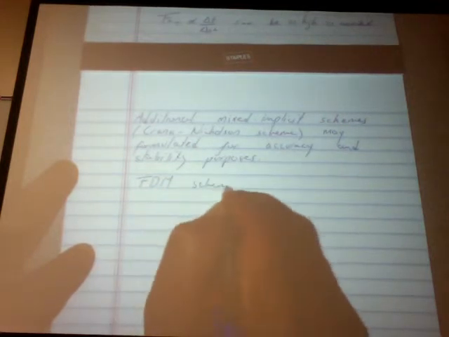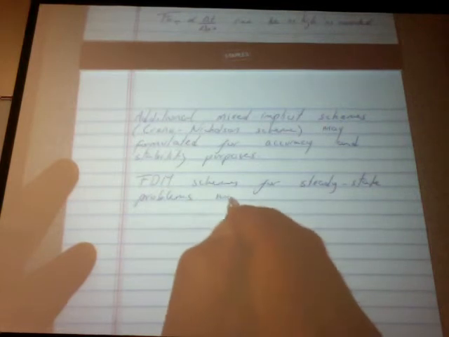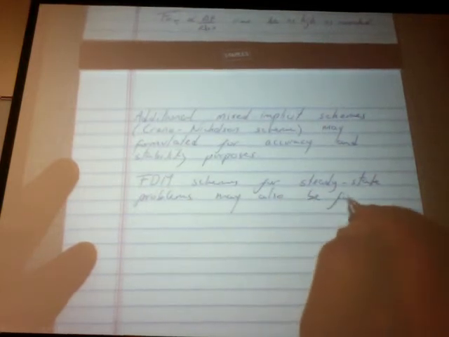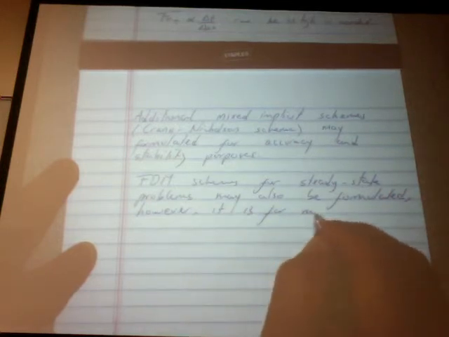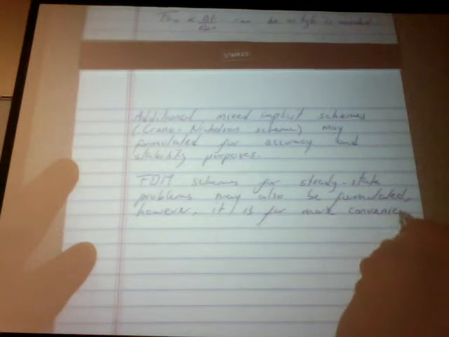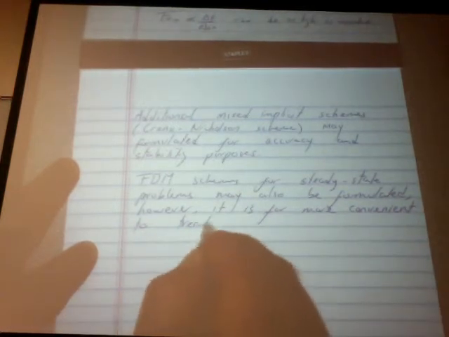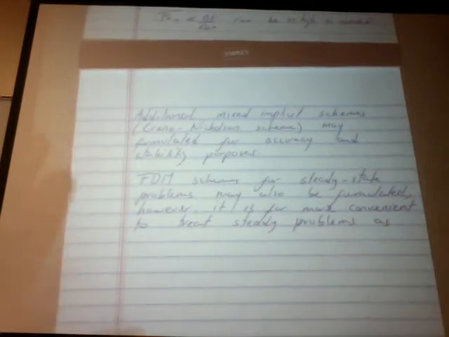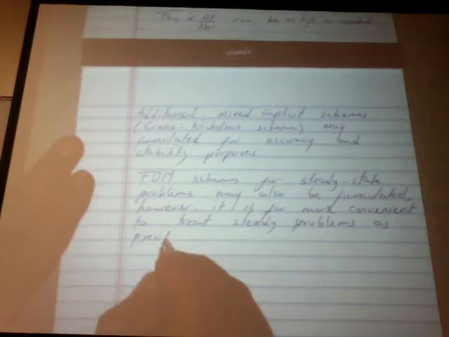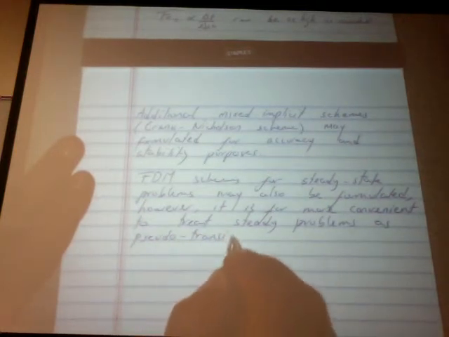FDM schemes for steady problems may also be formulated. However, it is far more convenient to treat steady problems as pseudo-transient problems.